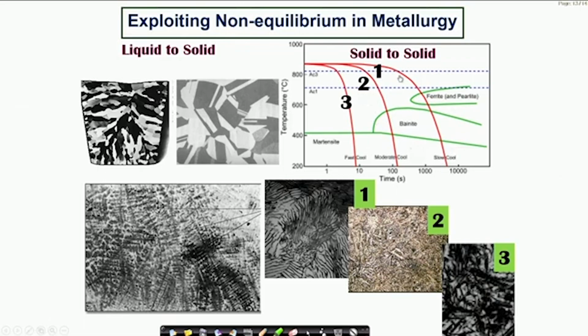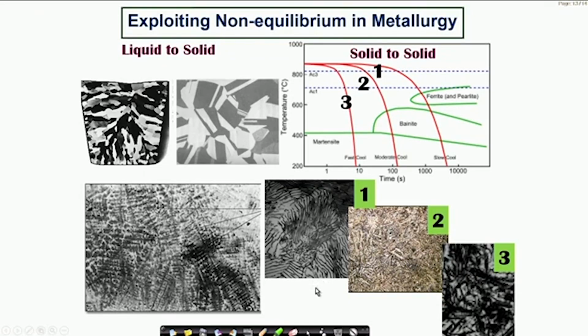In the solid state also, depending upon the way you cool through single to double phase or vice versa, you can develop various kinds of microstructures. This is a typical example borrowed from steel, which shows that the same steel, same composition, depending on the cooling rate of 1, 2 and 3, can give you microstructure which is lamellar, pearlitic, which can be bainitic, which is another aggregate, and finally also something which is martensitic.